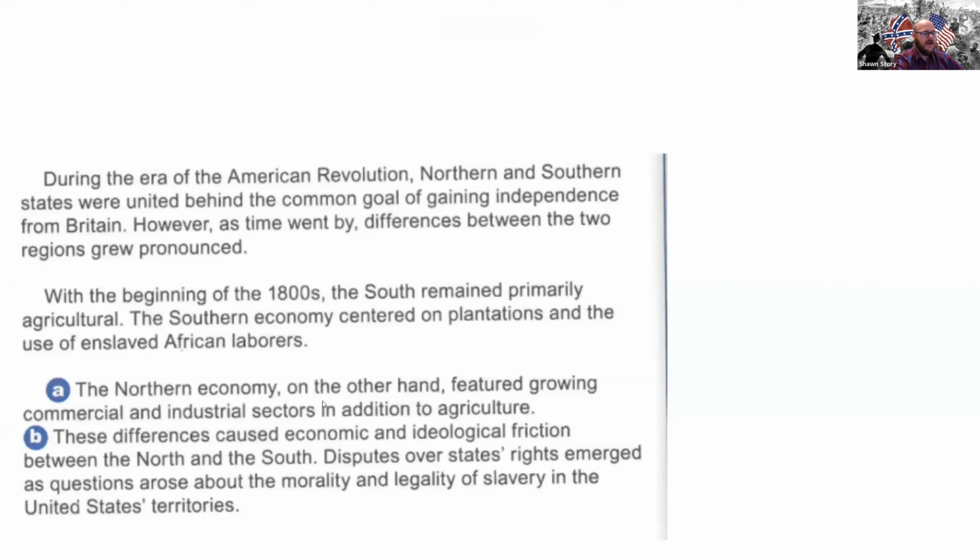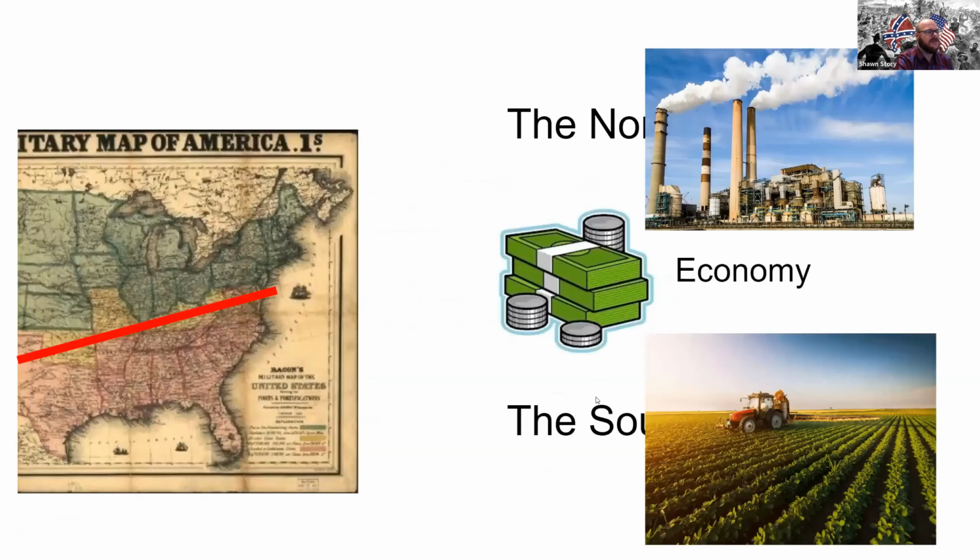The Northern economy, on the other hand, featured growing commercial and industrial sectors in addition to agriculture. And these differences caused economic and ideological friction between the North and the South. Disputes over states' rights emerged, and questions arose about the morality and legality of slavery in the United States territories.